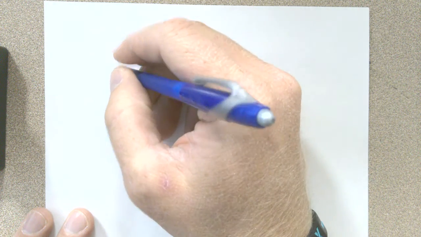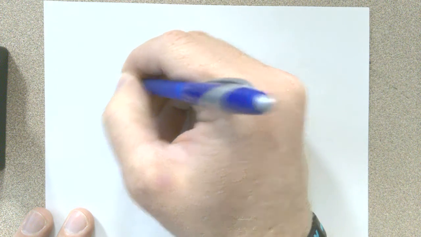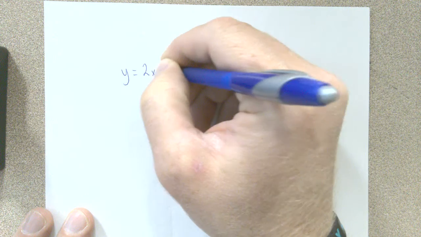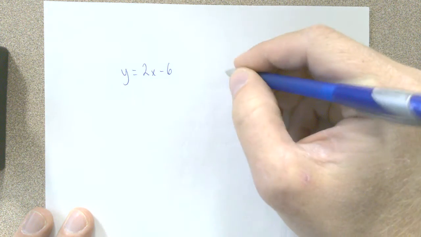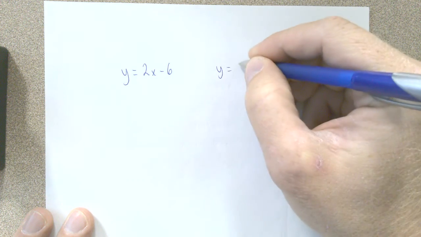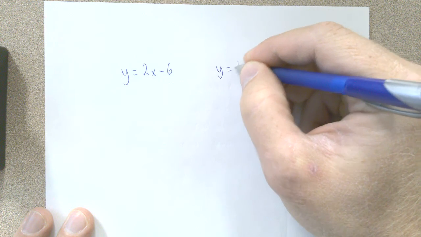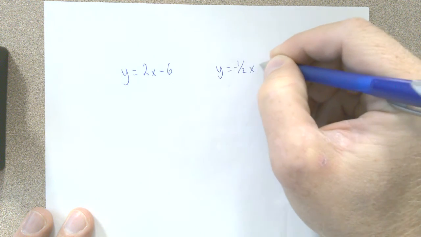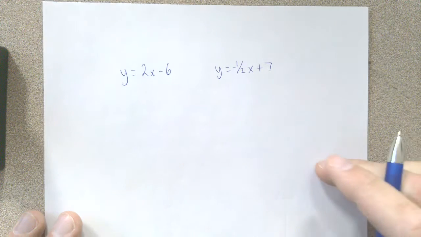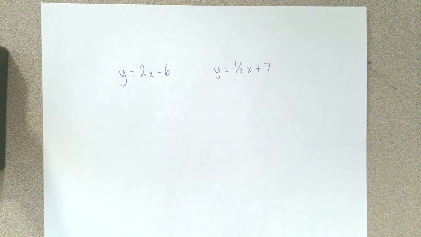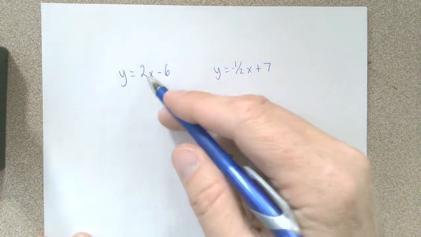We're also going to go through a few where we have the equation. So if I gave you this, y equals 2x minus 6, and y equals, let's say, -1/2 x plus 7. I said, let's look at these two equations and determine again if they're parallel, perpendicular, or neither. Hopefully we're okay with being able to do that. We're going to identify the slopes.